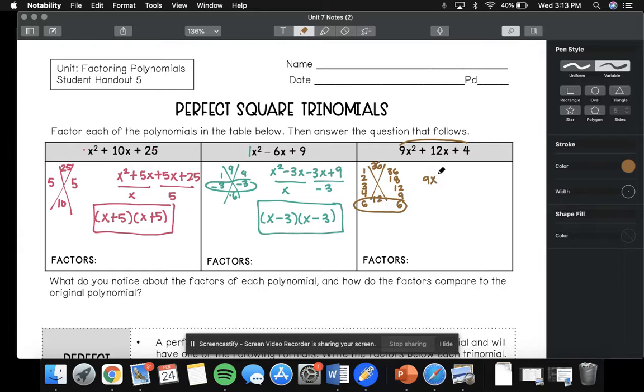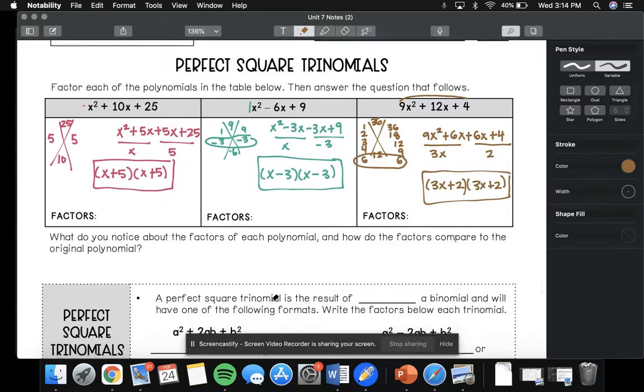So we have 9x squared plus 6x plus another 6x plus 4. Then when we group them, we have an x, we also have a 3. Then in here, it looks like we just have a 2. So we have 3x plus 2. When we divide 9x squared by 3x, we get 3x. And 6x divided by 3x is 2.